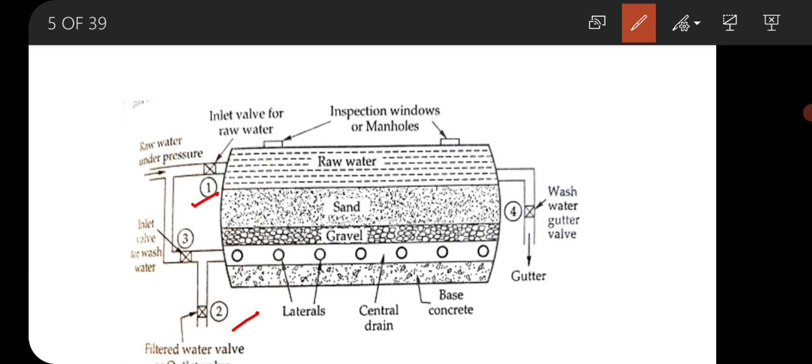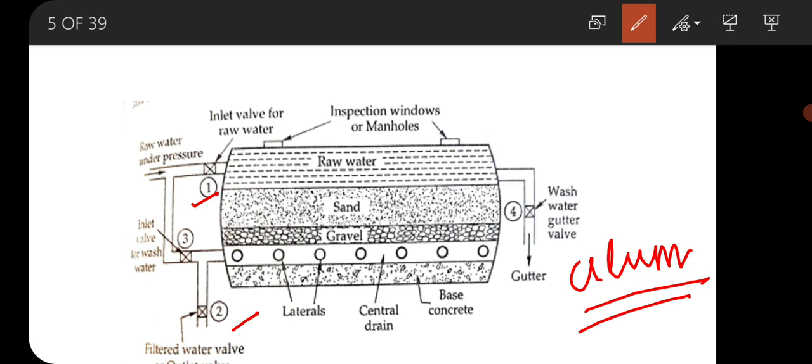Hence, during the operation of the filter, only these two valves are kept open and all other valves are kept closed. And in this case, coagulated water will enter under pressure, and the normal coagulant that is used is alum. So this is the working operation of pressure filter.